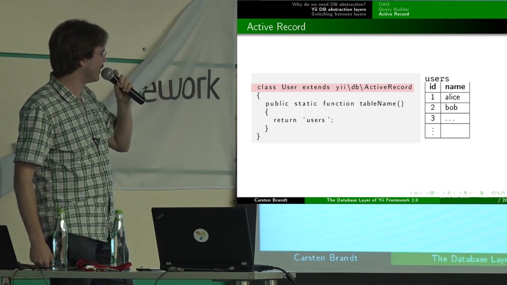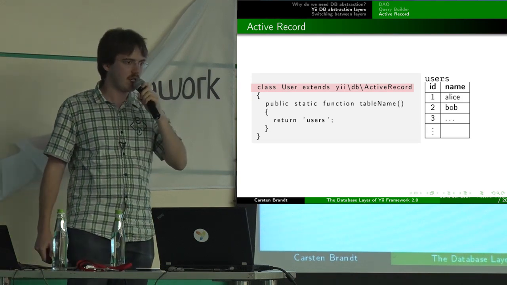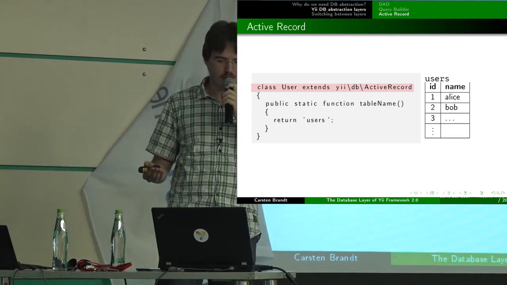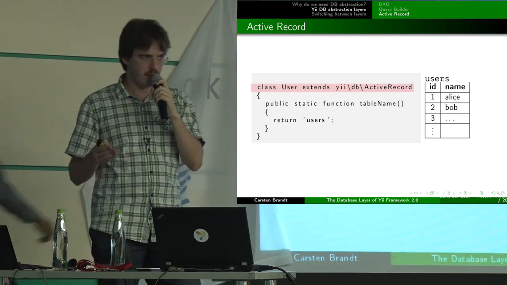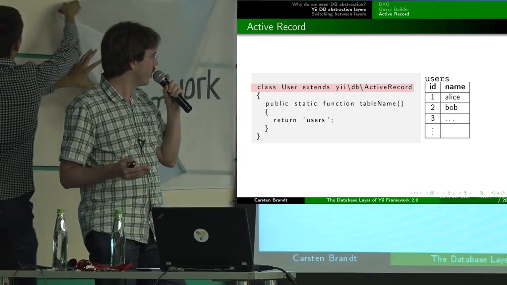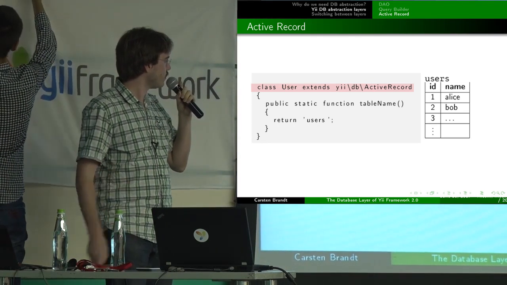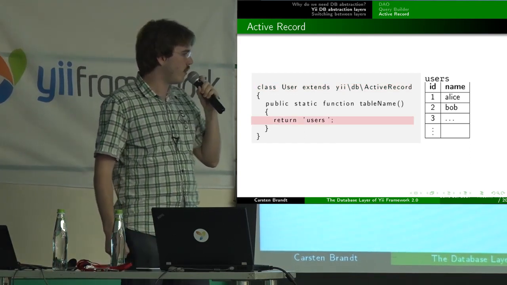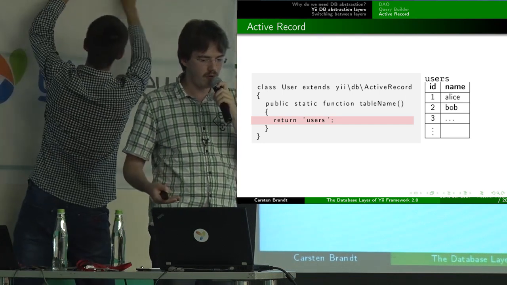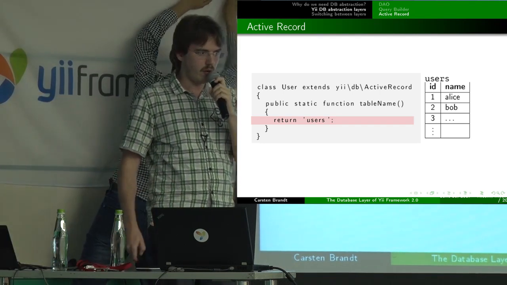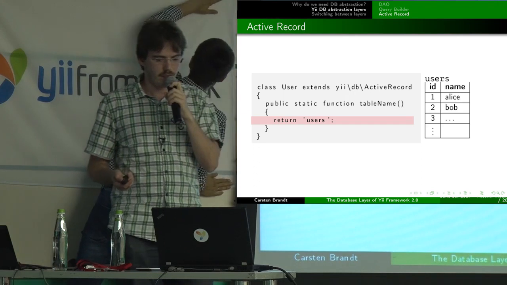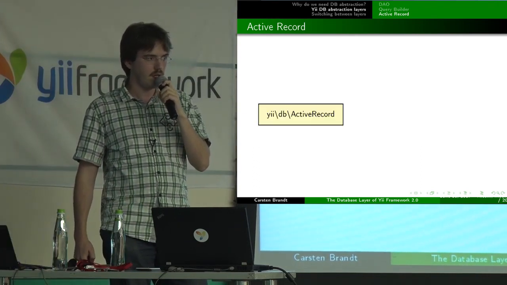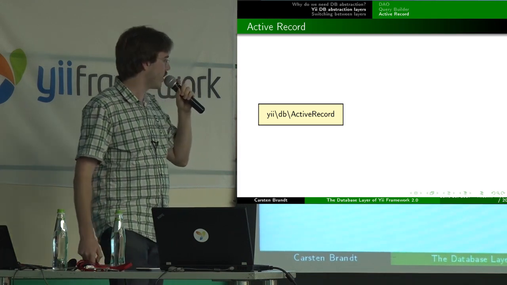So the next level is working with objects that represent tables. So we have a user object that represents records from our users table. And we simply specify the table name so the record knows where to fetch the data from. And then we are able to work with these objects instead of writing SQL. So we have the Yii database ActiveRecord class.